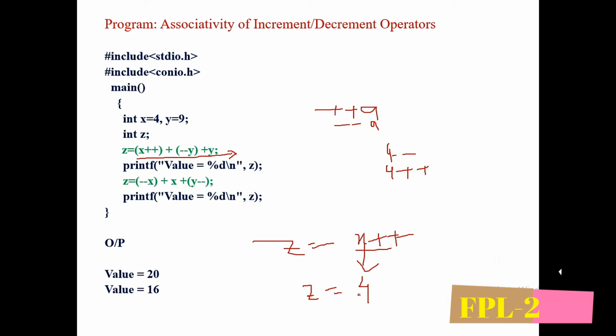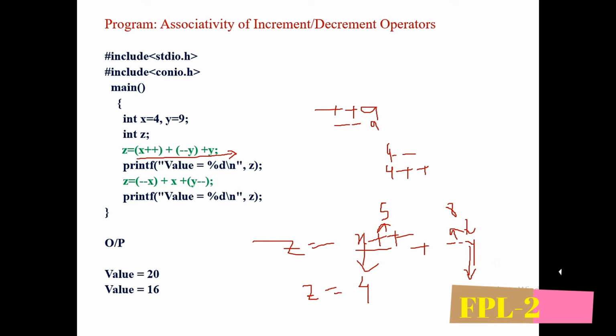So it will be z is equal to 4, and then the value of x will be 5. Now plus we have minus minus y. What we are doing is first subtracting the value of y, that is 9, so we are subtracting, that is 8, and then we assign it to the expression.